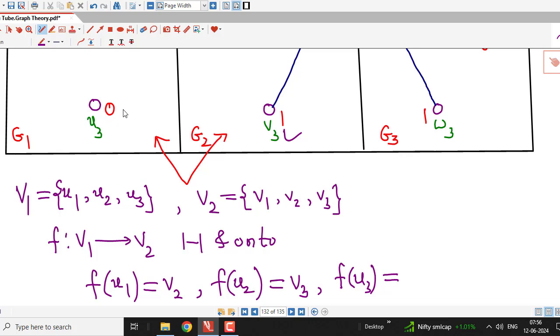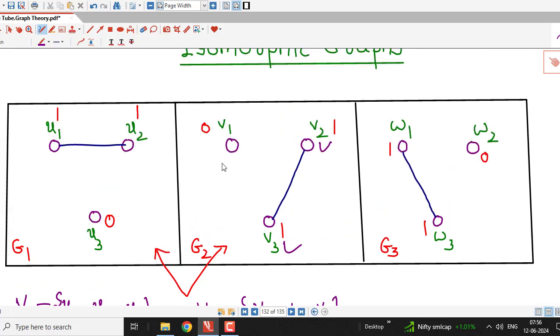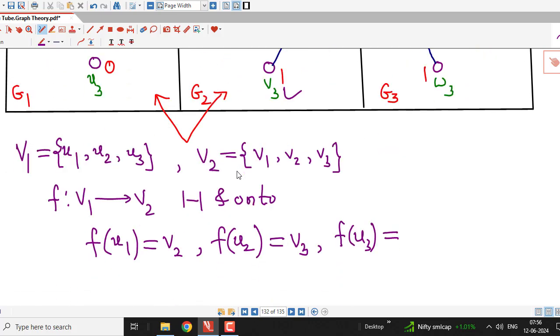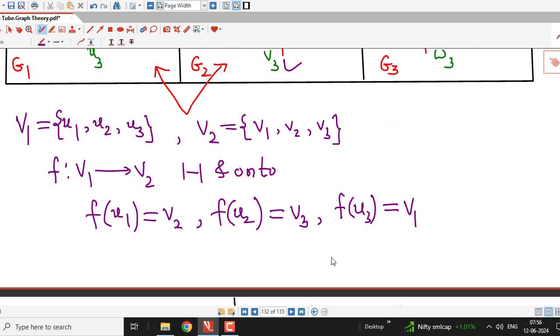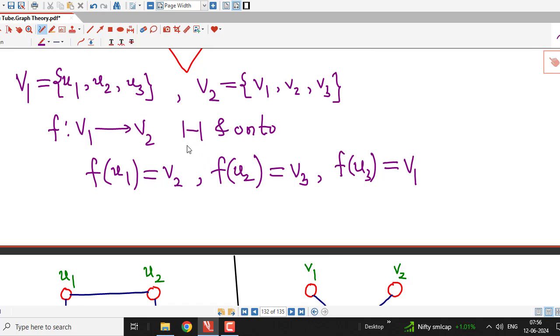It is isolated, its degree is 0, and here V1 is the isolated vertex. So we consider f of U3 equal to V1. Now it is clear that this function is 1-1. If we have two different elements from V1, then their images are also different. So this function is clearly 1-1.